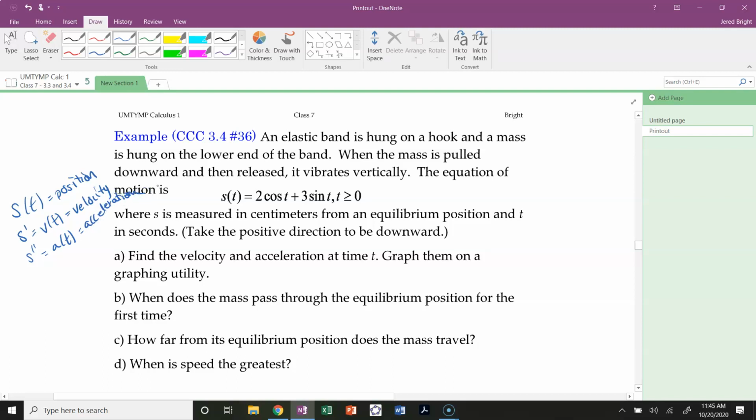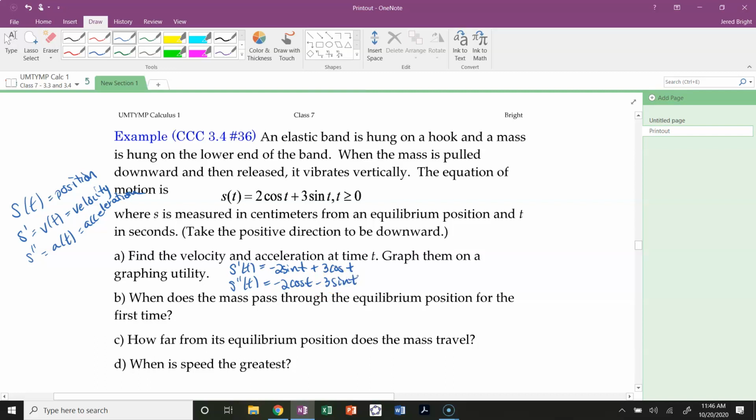So if I'm looking for velocity and acceleration, all I have to do is differentiate. s prime is equal to negative 2 sine t plus 3 cosine t. That's velocity, and then the acceleration is minus 2 cosine t minus 3 sine t.